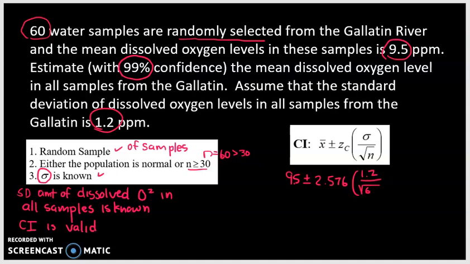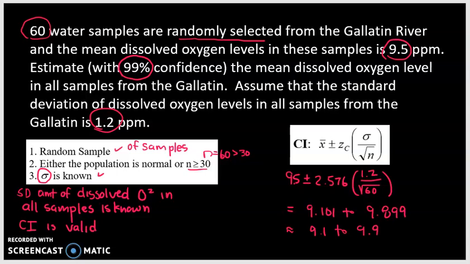So there are the calculations for this confidence interval, and I've done those already, and you get 9.101 to 9.899, and I'm going to round just for simplicity. I'm going to round that to be 9.1 to 9.9. All right, so that is how you find the confidence interval.